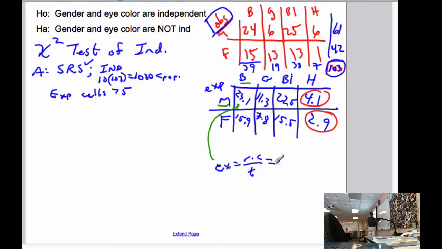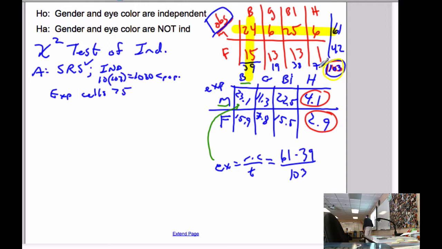What do we get? 61. If I follow this across, there's my row total. So 61. Column total for that cell was 39. Divided by the total of everything, which is 103.